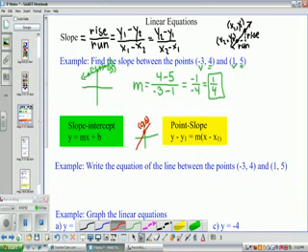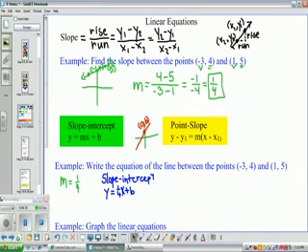We're going to write the equation between the same exact two points that we have for that first example. So from our first example, we know the slope is 1/4. We're going to write it two different ways. So in slope-intercept form, we have y equals mx plus b.